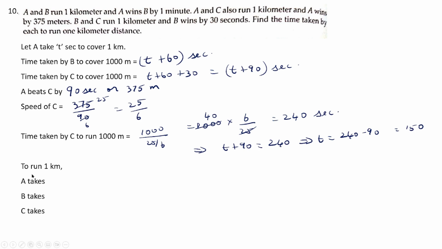As a result, to run 1 kilometer, A takes 150 seconds and then B takes t plus 60, 150 plus 60, which is 210 seconds, and C takes 240 seconds. So these are the time taken by various participants to run 1 kilometer race.